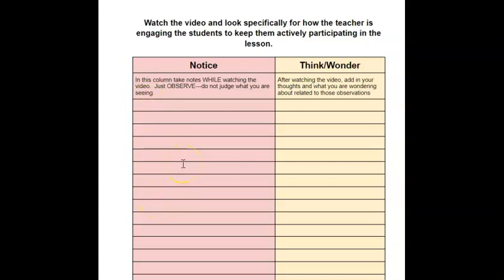And then after you watch the video, over here, you're going to write, what are you thinking and wondering? Here's where you can make judgments, and you can ask questions. So the thinking and wondering comes later, after you notice. You won't have time to do this thinking and wondering during the observation.